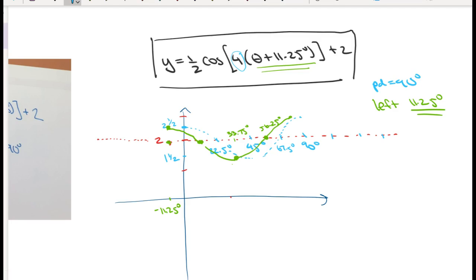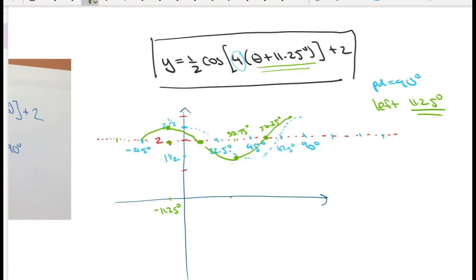So this is 90. You know what? I'm going to go backwards too. So this here is going to be at negative 22.5 degrees. And that is going to be where I have a low point. It's just easier to go back this way, okay?